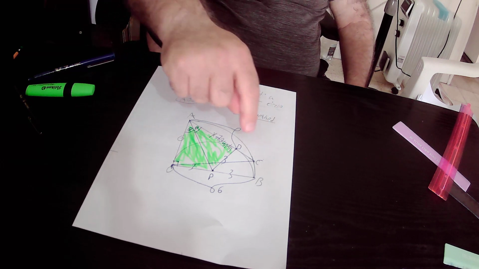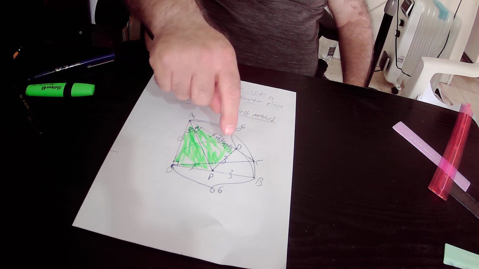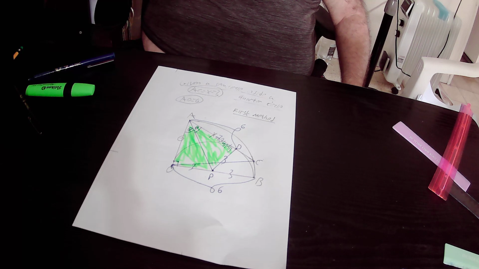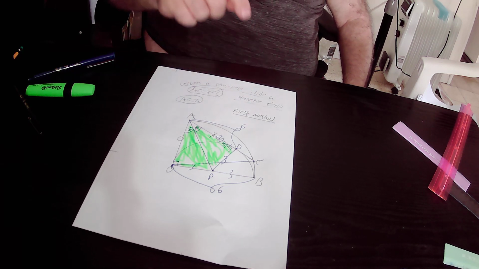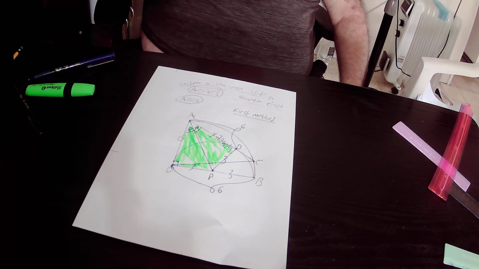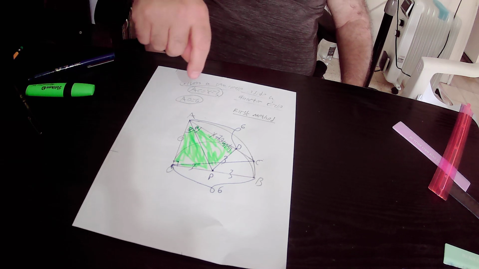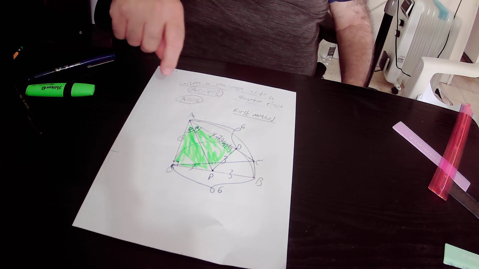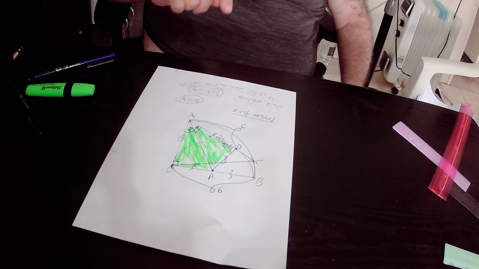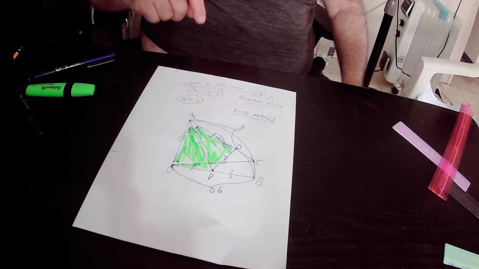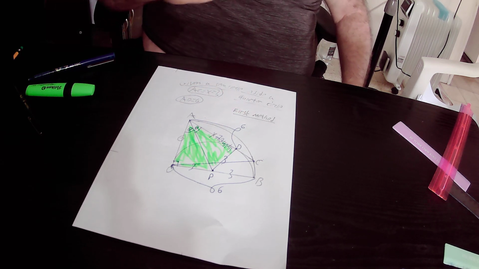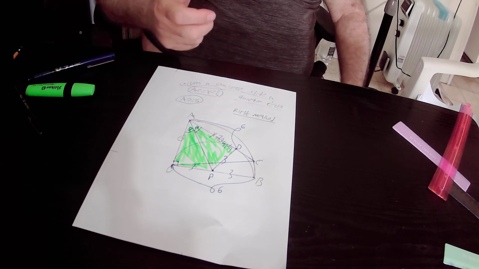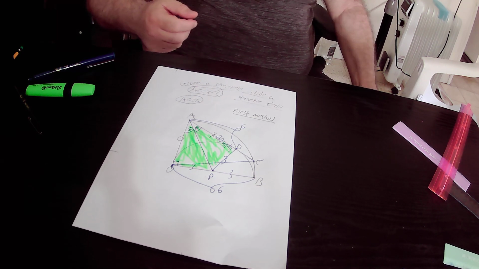Side AC is tangent to this semicircle at this point, in this case point D, and we want to find out the length of side AC that is equal to X, according to what is given in the question. AC equals X.